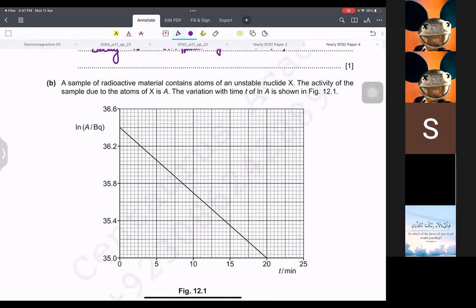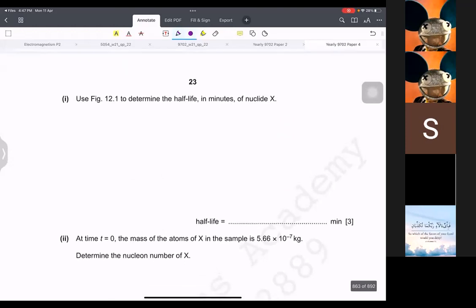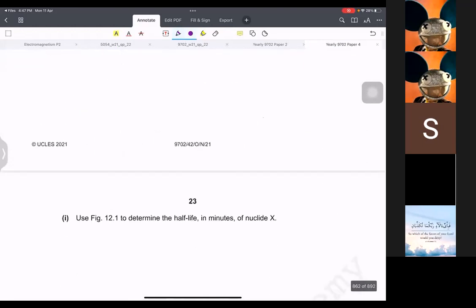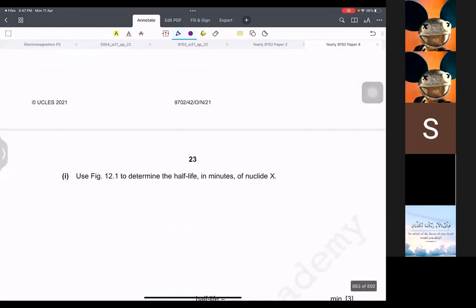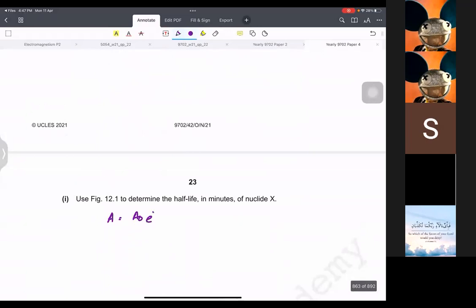They've given you ln A and t. Determine the half-life. Okay. Now, to determine the half-life, this is a 3-mark question. The first thing I should remember is, in terms of activity, what is formed? A equals A naught e to the minus lambda t, right?